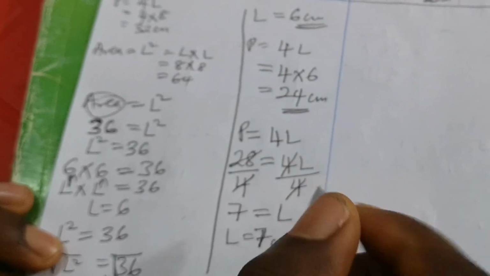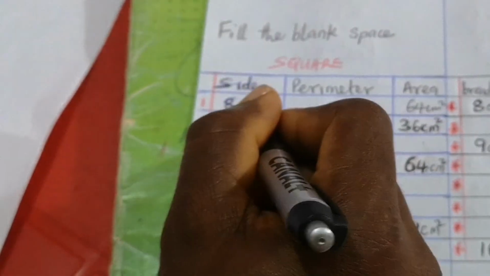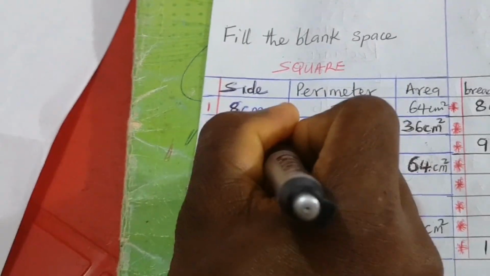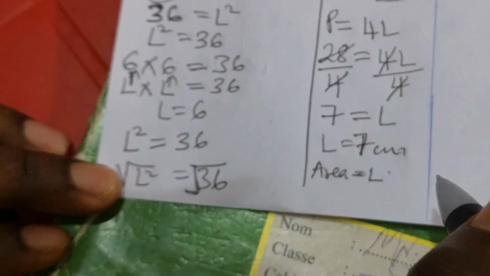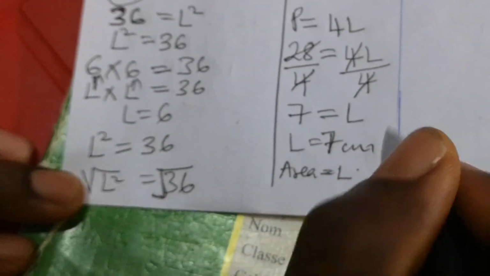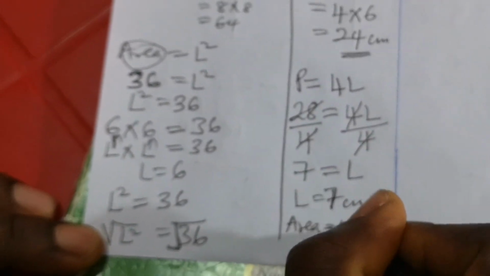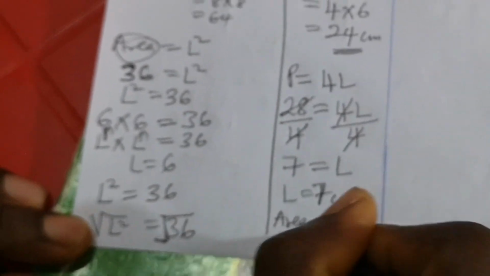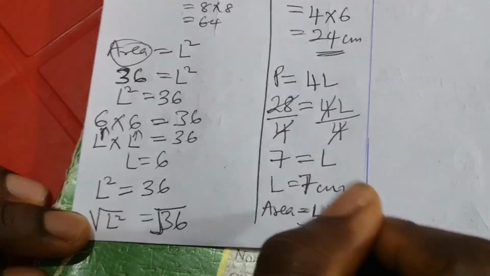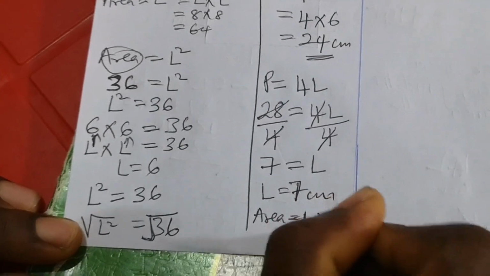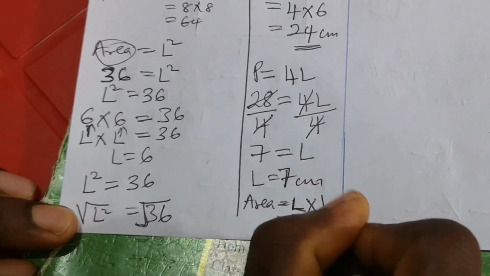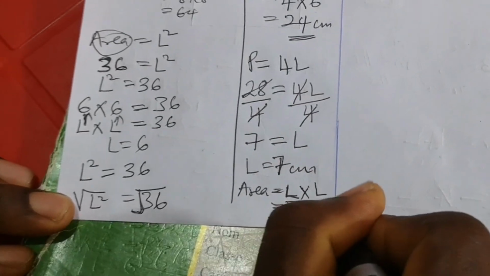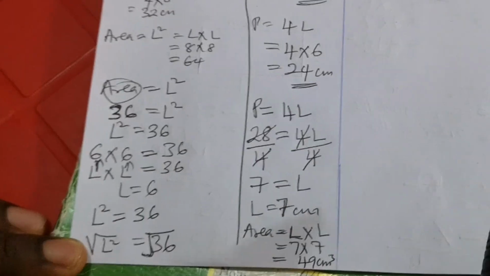cm. So the side of that square is 7 cm, and the area of a square is L times L. Now our L is 7, so it is 7 times 7, which will give us 49 cm square.